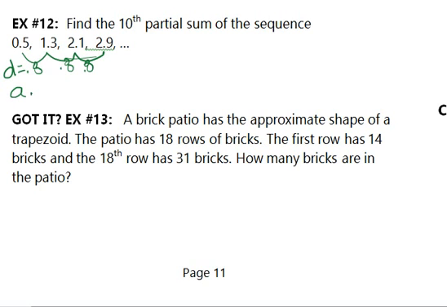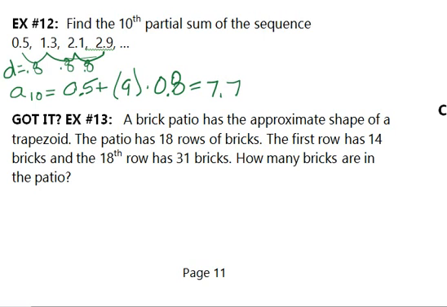I'm going to need my last term to be a sub n, so I can go ahead and write the formula for finding the next term, which is a sub n equals 0.5 plus 10 minus 1, which is 9, times my common difference of 0.8. Okay, and when I calculate that out, my 10th term is 7.7.